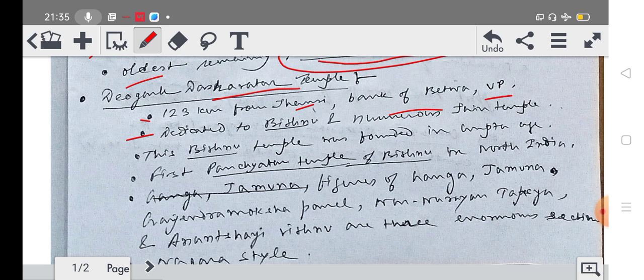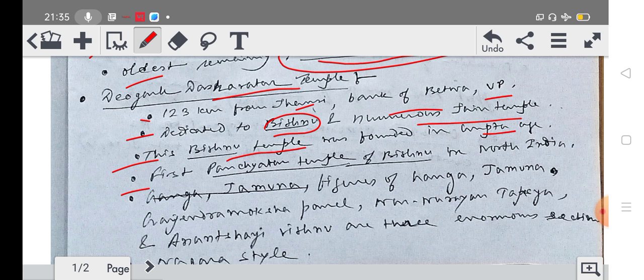This temple is dedicated mainly to Vishnu ji, and numerous joint temples are also situated there. This particular Vishnu temple was built in the Gupta age.